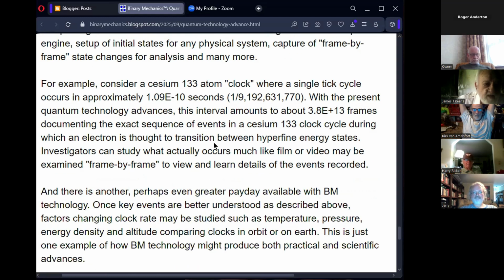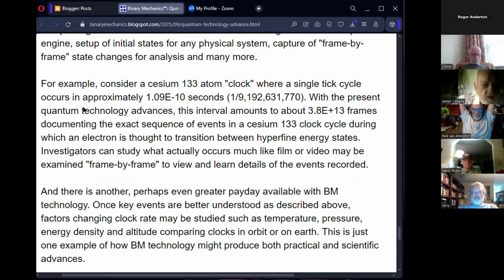For example, consider a cesium 133 atomic clock, where a single tick cycle occurs in approximately 10 to the minus 10 seconds.